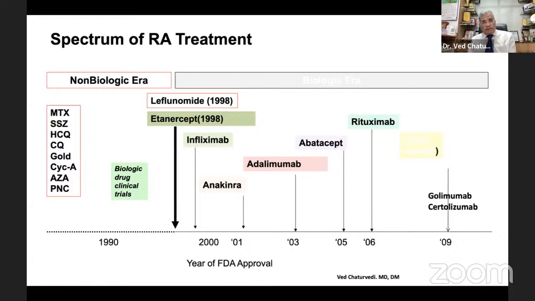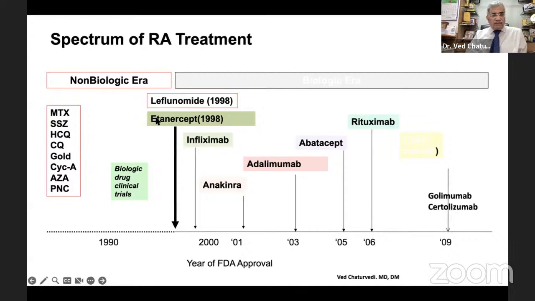We want to be sure that the kidneys remain okay, so you get a creatinine, and the CBC, creatinine, SGPT. SGPT is for the liver. So this is how.